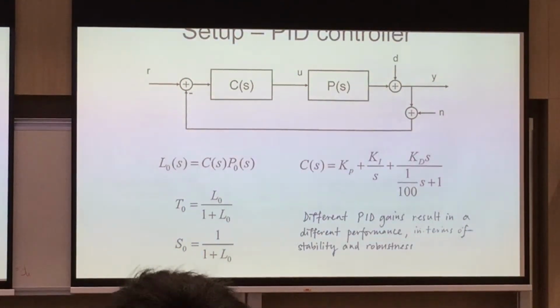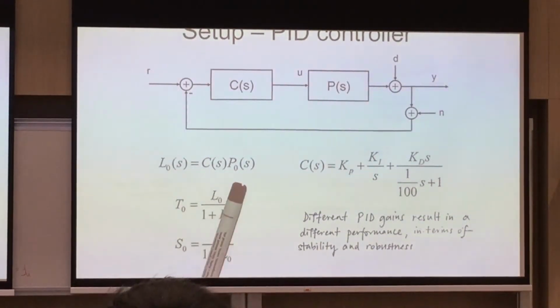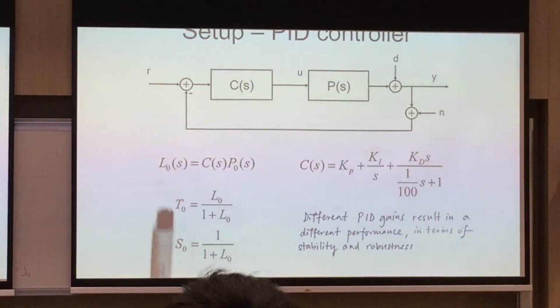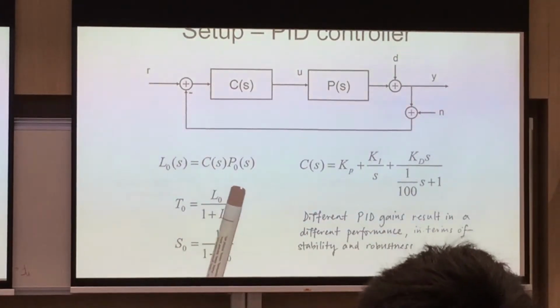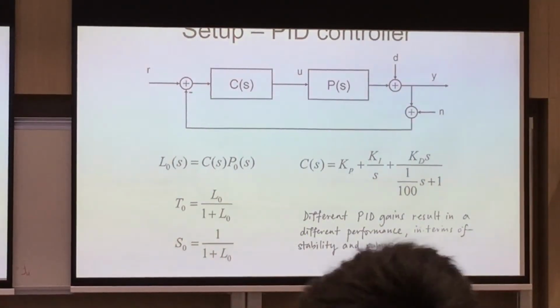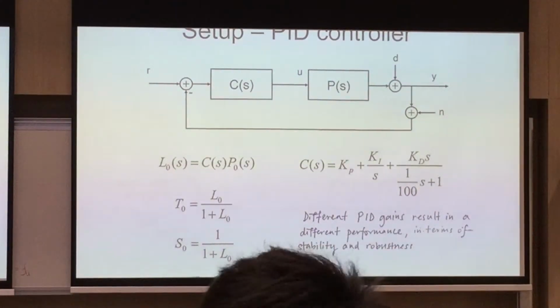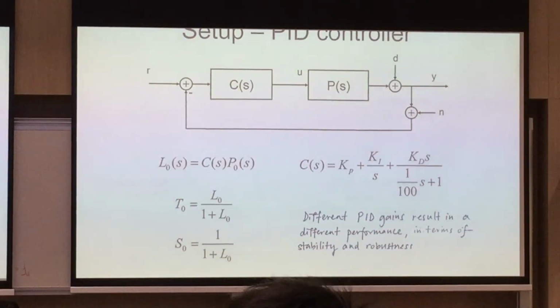Okay, and what else is different is, you used to say that L0 is just C times P. Alright, but with a PID controller, obviously you see s in there, the frequency terms in there. So L0(s) is now C(s) P0(s). Alright? Everything else remains the same. Okay? The definition of sensitivity function and complementary sensitivity function remains the same.